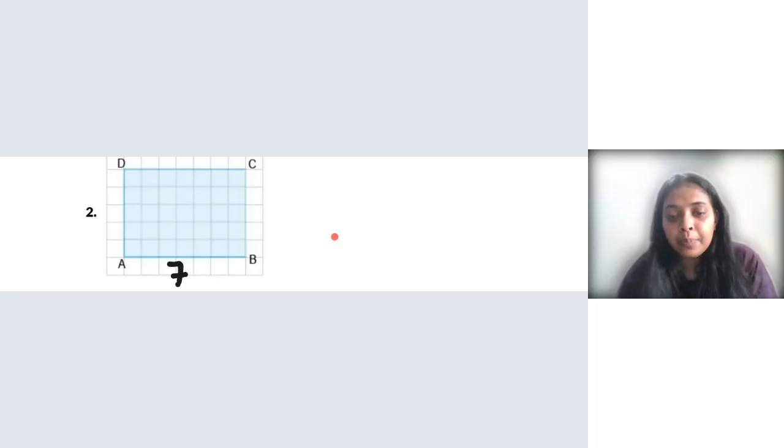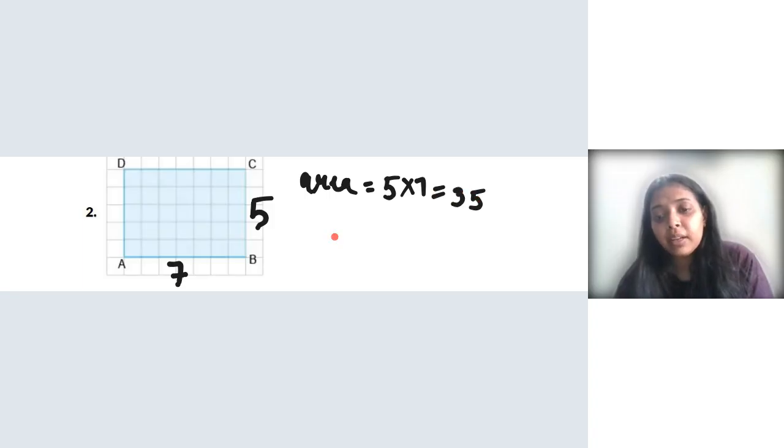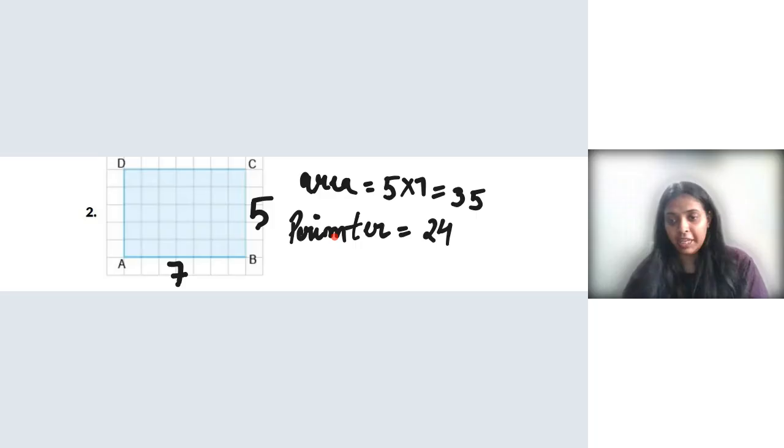What about this side? 5. So what will be the area? 35. Very good, 5 times 7. And what will be the perimeter? 24. Very good.